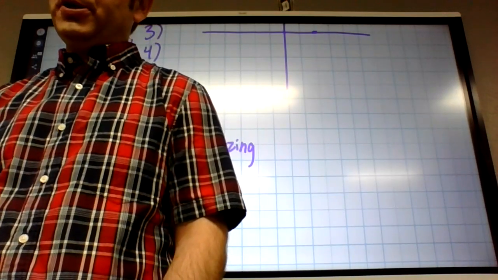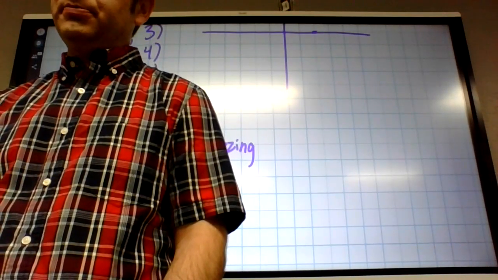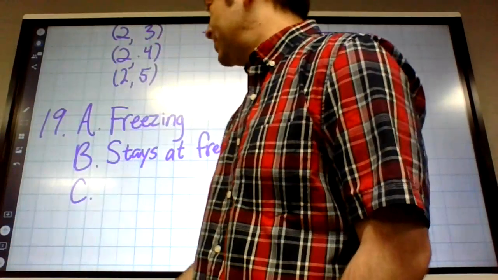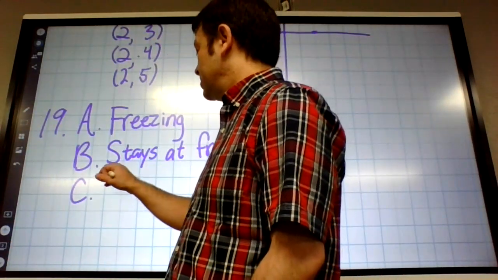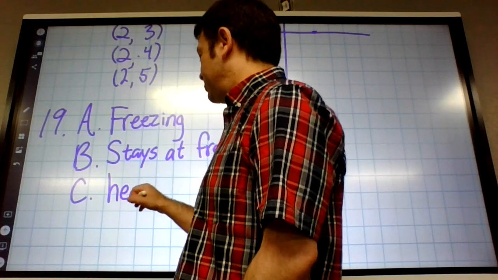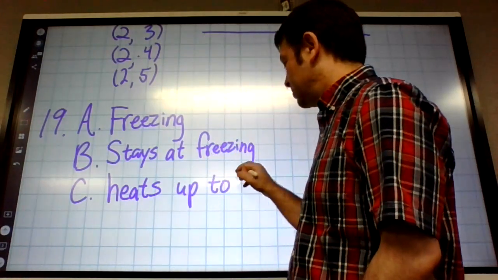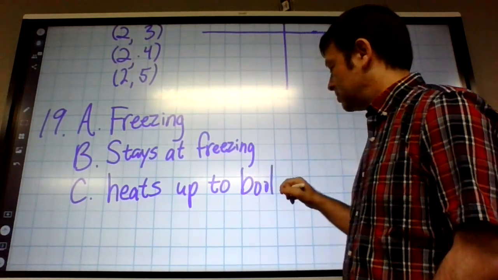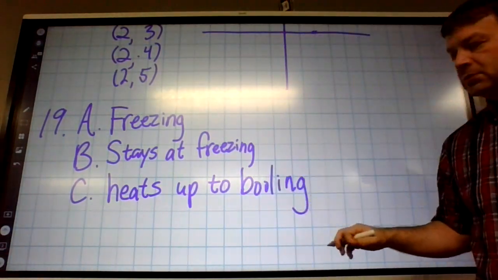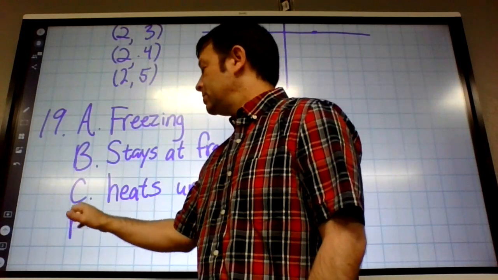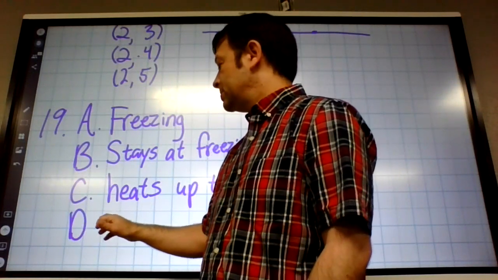All right, see what's happening. Heating up all the way to 100. What happens at 100 degrees Celsius? Boiling. So I'm just going to put heats up to boiling. And D stays at boiling.